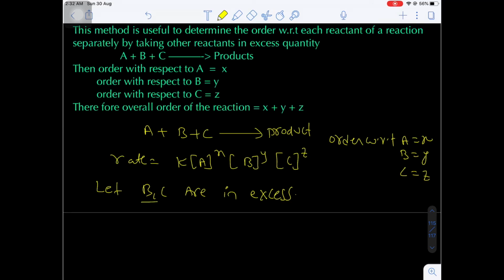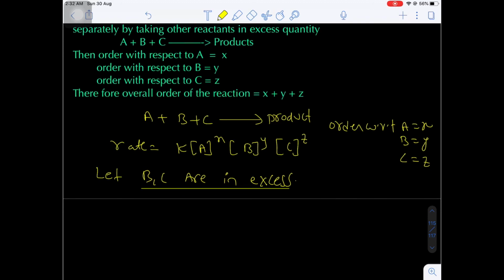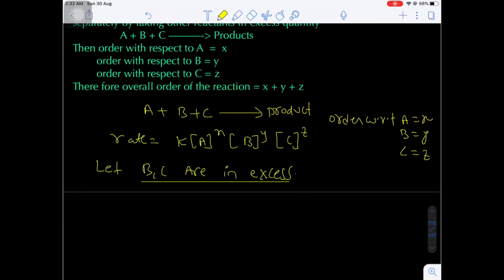Now when we are taking B and C in excess quantity, we should not consider the effect of change of concentration of B and C on the rate of the reaction. So whatever rate we are obtaining corresponds to only the concentration of reactant A. So from here we can find the X value.